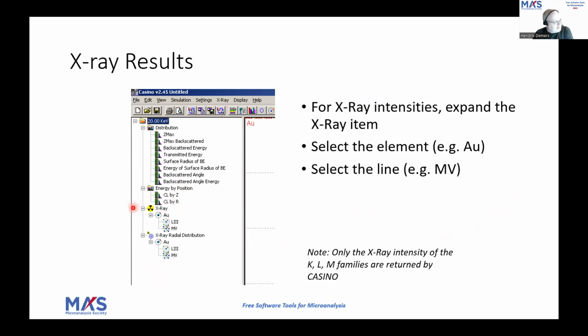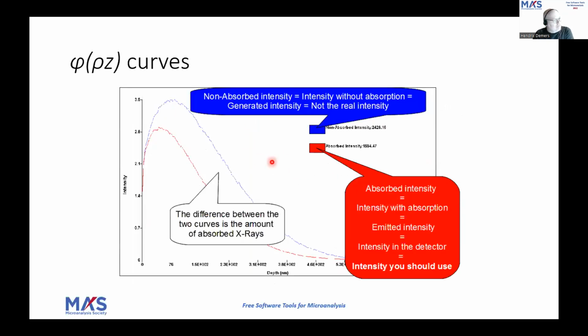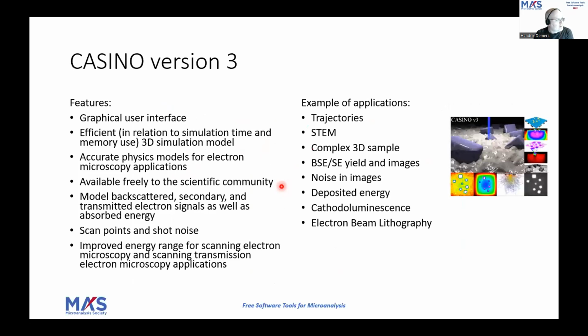For the X-ray calculation, you get the result in the X-ray tab. It only gives you information about the KLM family, but it uses the K alpha and L alpha and so on to do the emitted intensity. And again, I already mentioned the definition in Casino: the non-absorbed is the generated intensity and the absorbed intensity is the emitted intensity.